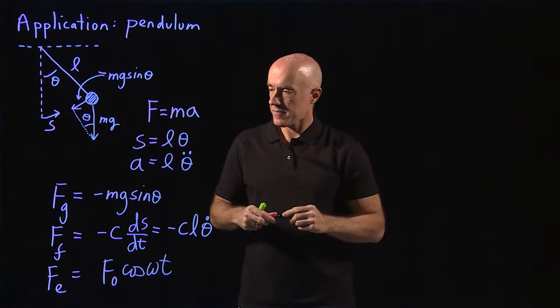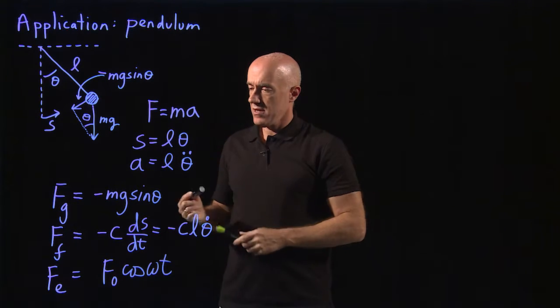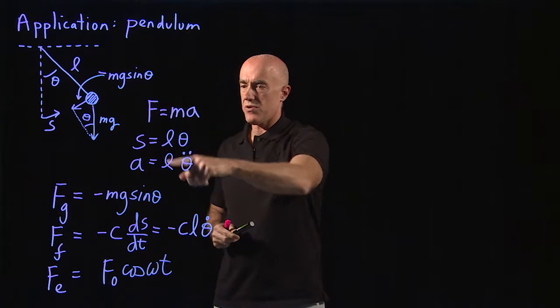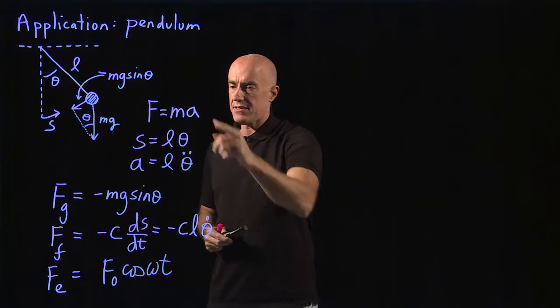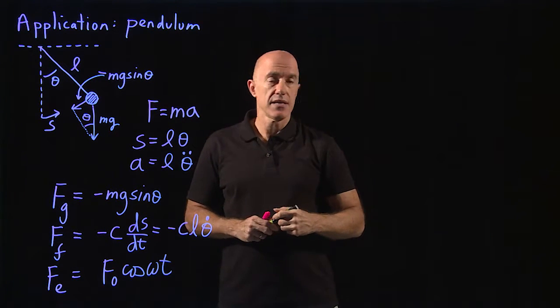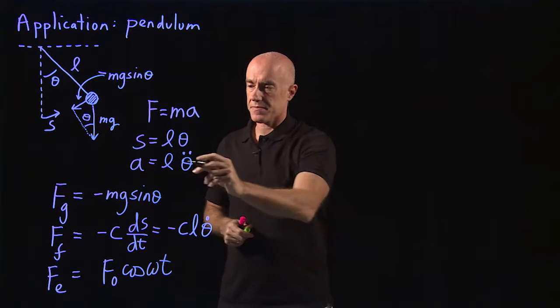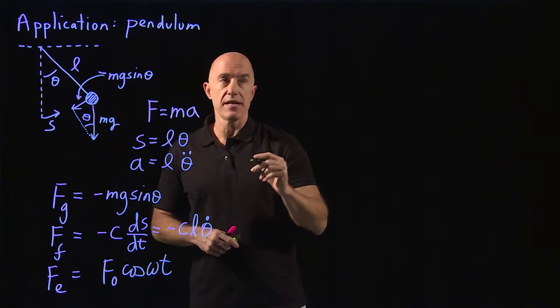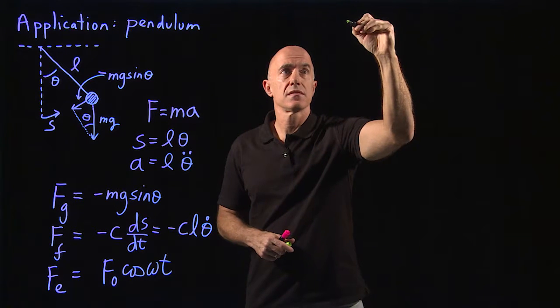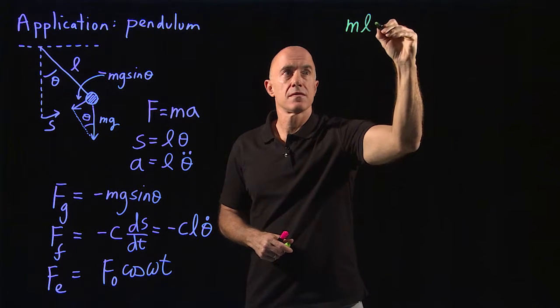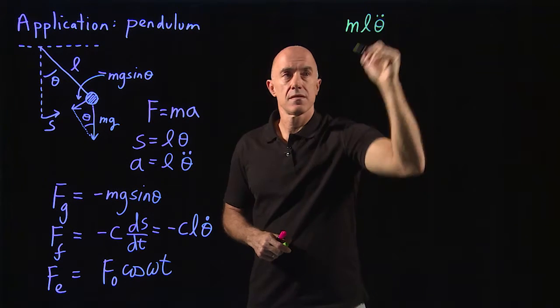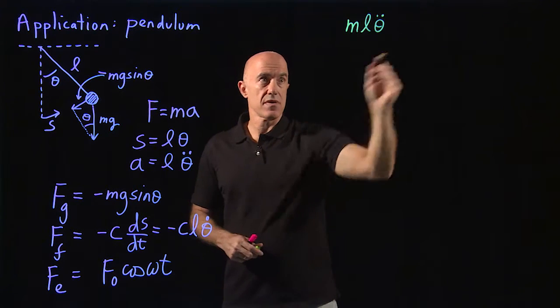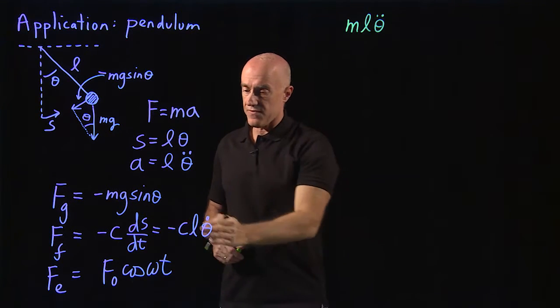Okay, putting that together, we get our differential equation. So mass times acceleration is going to be mL theta double dot. And then on the right-hand side, we have the frictional force.